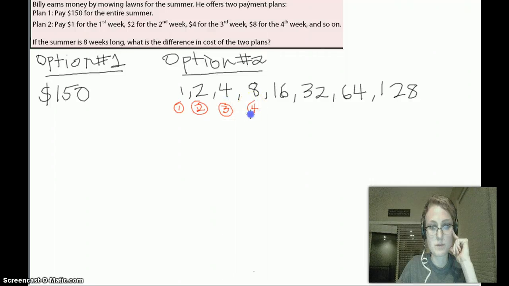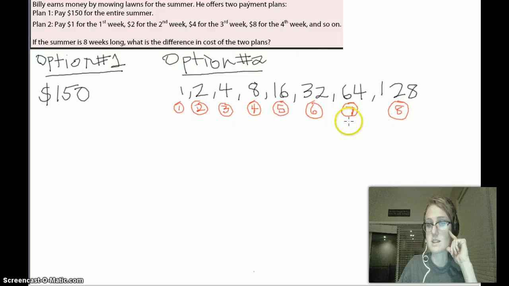Week 4. I'm just doing this so we can really get a good look at this. 6, 7, and 8, right? So if we just look at the last 2 weeks, the 7th and the 8th, and added those up, that would be more than the $150. So option 2 is going to be more expensive.